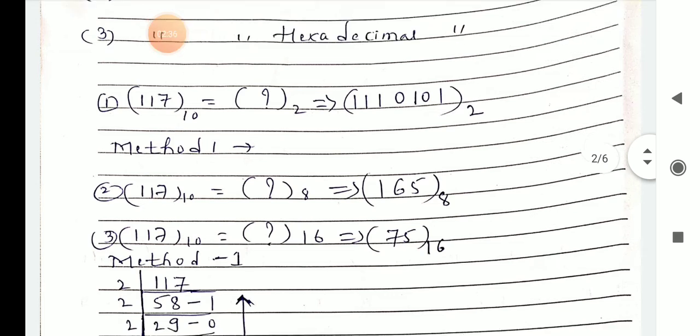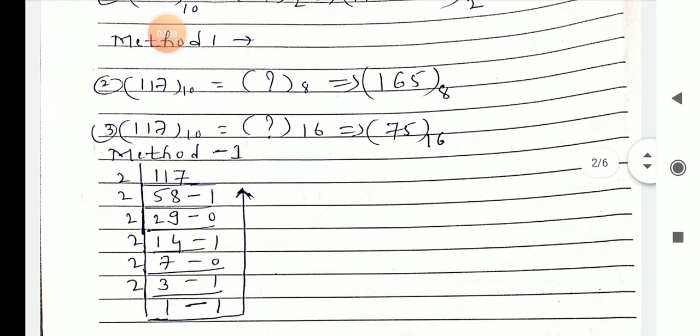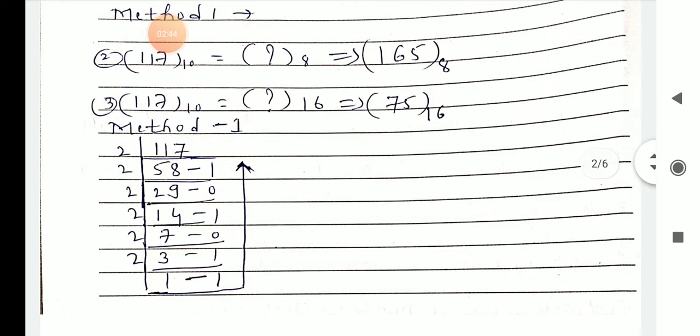How are you going to convert that? You can consider method 1. You take 117 and use the division method, dividing by 2. 117 is the decimal number and the binary base is 2. 2 ones are 2, 2 5s are 10, remaining is 8. 2 8s are 16, remainder is 1.